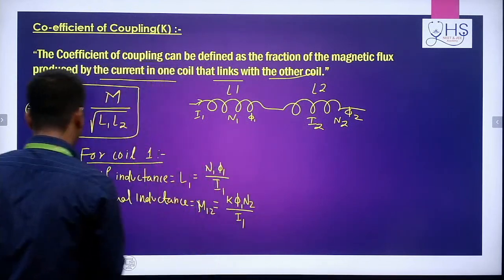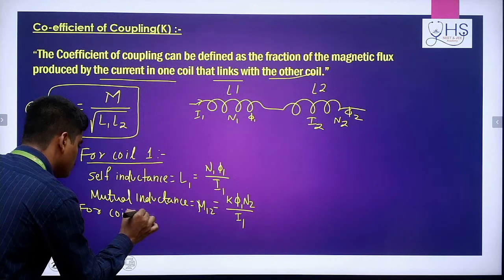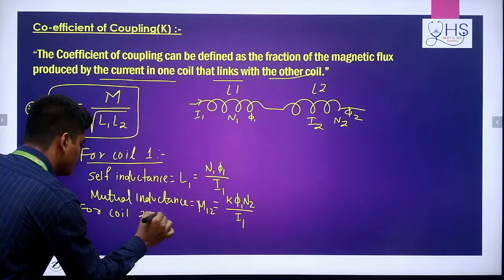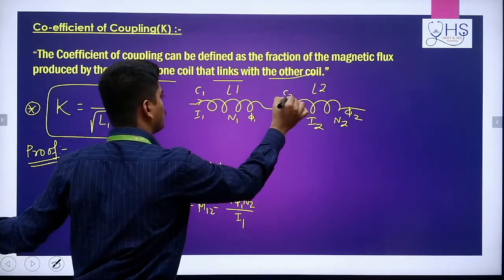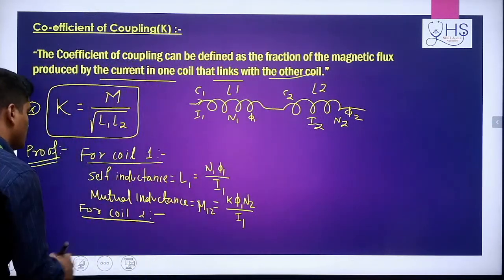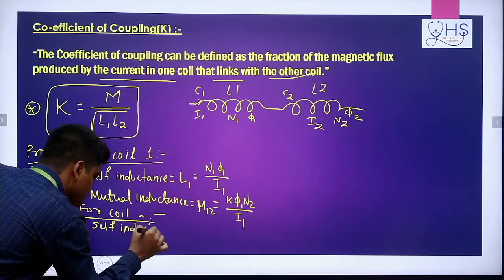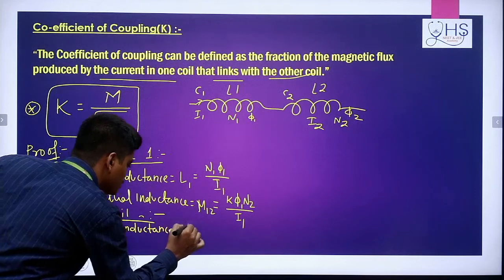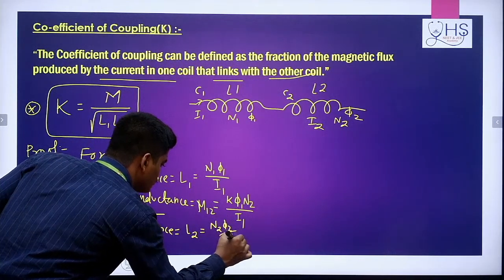Similarly, let me calculate for coil 2, the second coil. I have given L1, L2, or write here C1 coil, C2 coil. Now for coil 2, you can write self inductance, that is your L2, which is N2 phi 2 by I2.